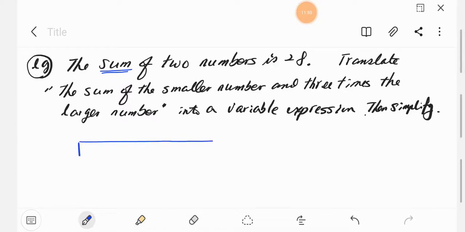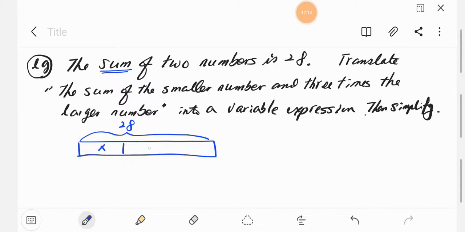So let's say there are two numbers. One is the smaller number. Let's say the smaller number is x, right? So there are two numbers, one is the smaller number, one is the larger number, and the sum of these two numbers is 28. So x is the smaller number.